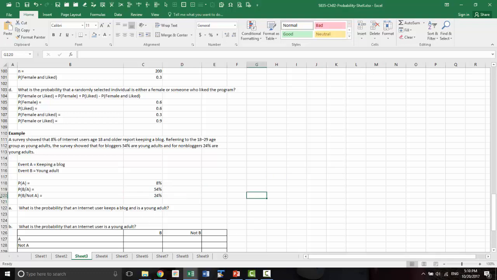Okay. Now the question is, what is the probability that an internet user keeps a blog and is a young adult? When you see "and", you know that this is an intersection.